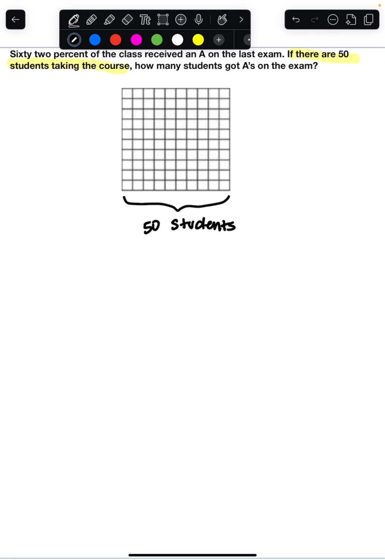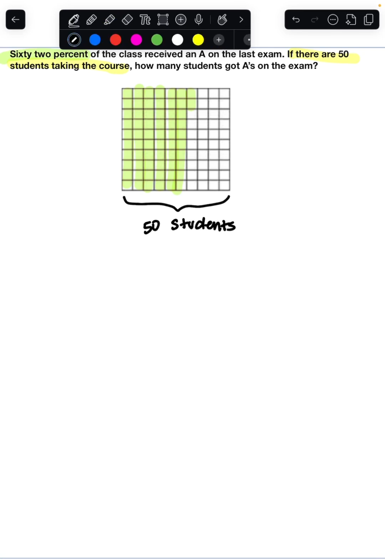Moving into our percentage, though, we have 62%. So, let's represent it. 1, 2, 3, 4, 5, 6, and a little 2, 62%.